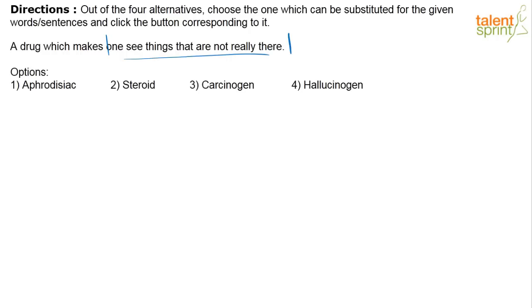Maybe you may not be familiar with that word, but I'm just trying to see if any of you know what that word is. From the options, I have aphrodisiac, steroid, carcinogen and hallucinogen.